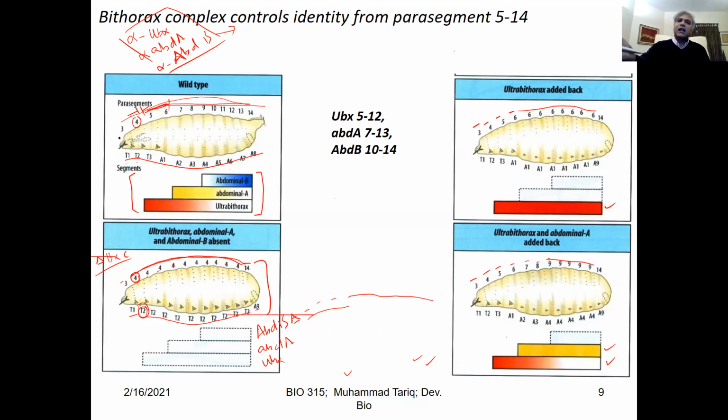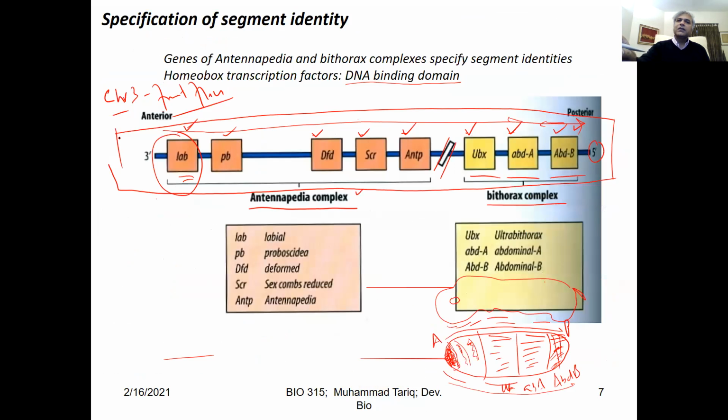And I told you, from all the anterior segments up to parasegment 4, we have expression of labial, proboscipedia, deformed, sex combs reduced, and antennapedia. UBX starts from parasegment 5, parasegment 6. Parasegment 7, 8, 9 is ABDA.